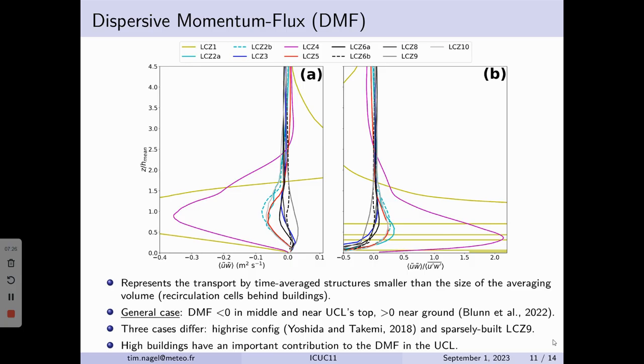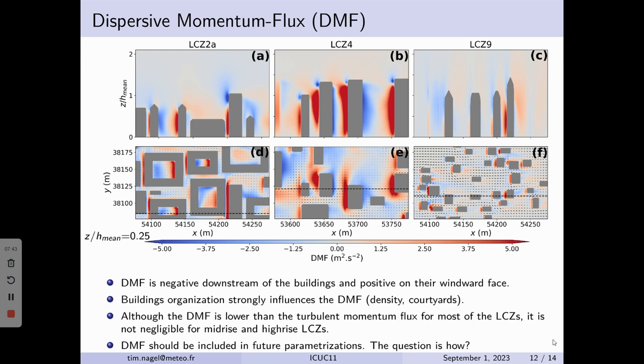And if we look at the ratio between the dispersive and the turbulent, you can see that it's relatively small compared to the turbulent momentum flux, except for the mid-rise and high-rise LCZ. And these are some pictures to show the values of this dispersive momentum flux in horizontal and vertical cross-sections.